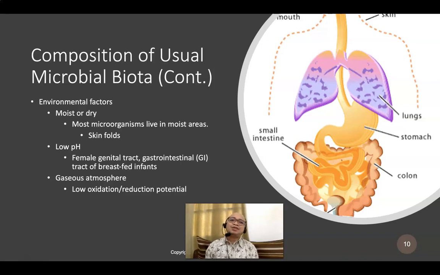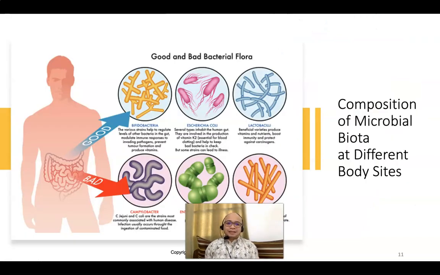The gaseous atmosphere, particularly the presence of low oxidation-reduction potential, may also influence a particular normal microbiota in that area of our body. For example, at the gingival pocket of our teeth, only anaerobic bacteria would be able to grow there. There are several compositions of microbial biota at different body sites.